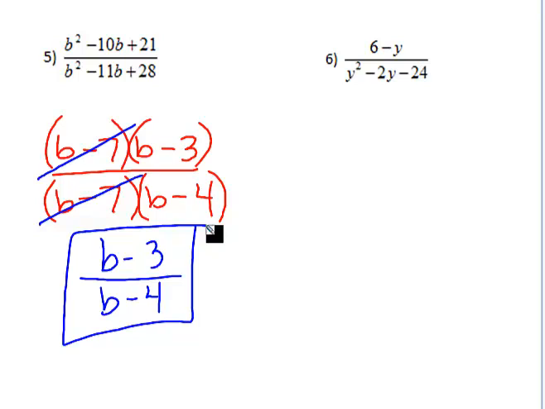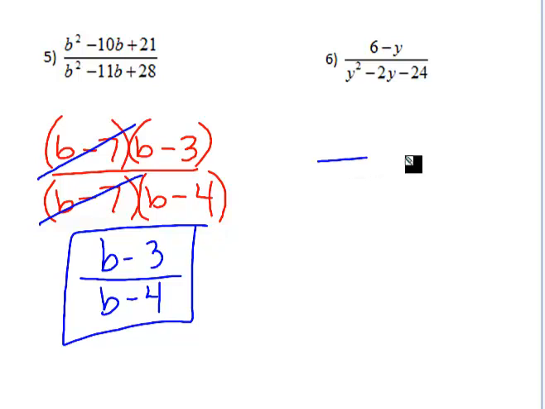Okay. Number 6. 6 minus y over y squared minus 2y minus 24. GCF anywhere? Nope. Okay. Does our numerator look like it's pretty much as simplified as we can get?